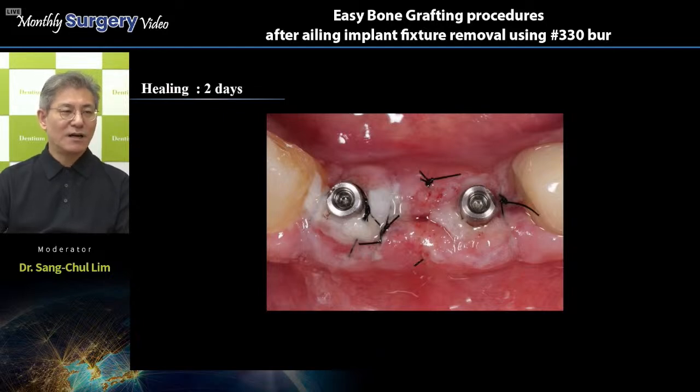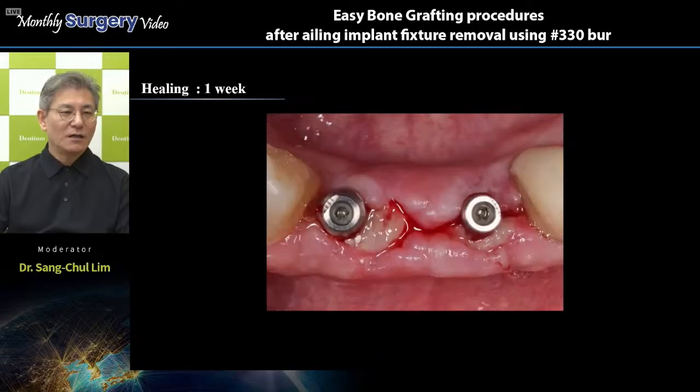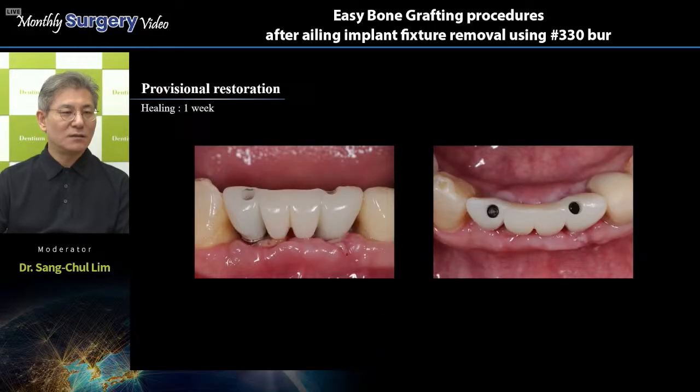Healing situation after 2 days of surgery, very nice, well done. Epithelialization was ongoing. This is 1 week after the surgery. The provisional restoration was delivered to our patient's mouth on number 42 and 32 area.